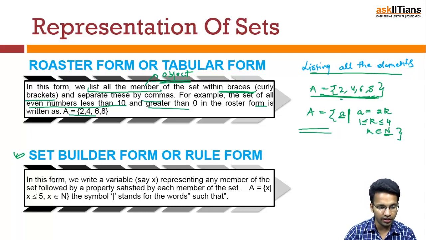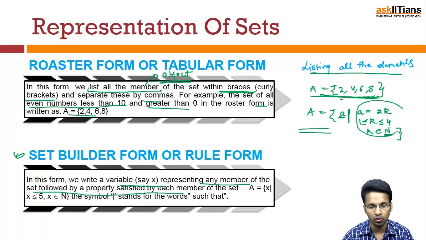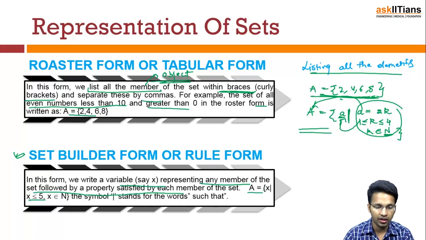Now here it's given that we write a variable representing any member, followed by a property satisfied. This is the property or rule that the element follows to be a part of this set. Here the example is A is equal to {x such that x is less than or equal to 5}, where x belongs to natural numbers.